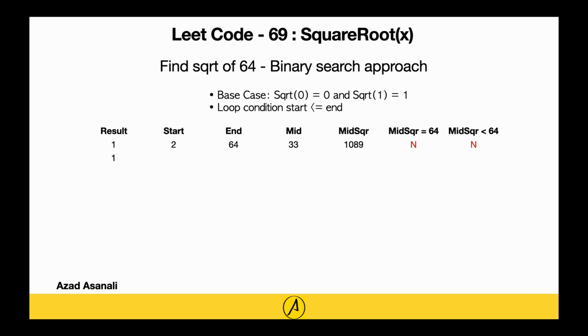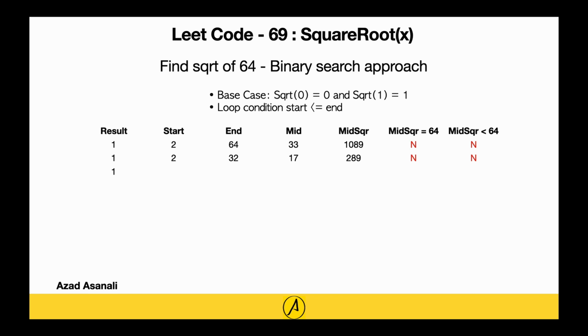We check whether this value is equal to 64. No. Whether it is less than 64. No. So we don't update the result value here. Then we use this midpoint and set the end position to mid minus 1, which is 32, and find the midpoint from 2 to 32, which is 17.